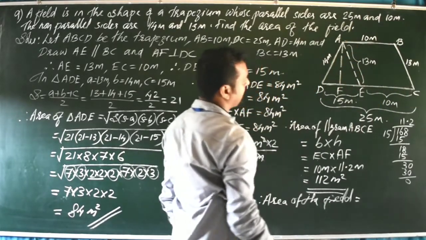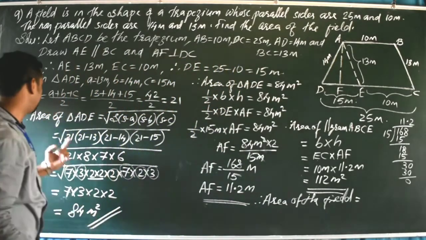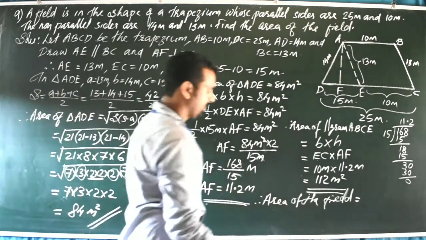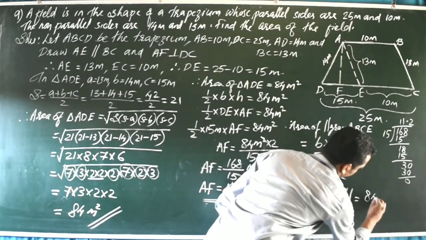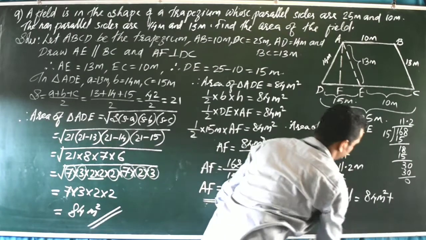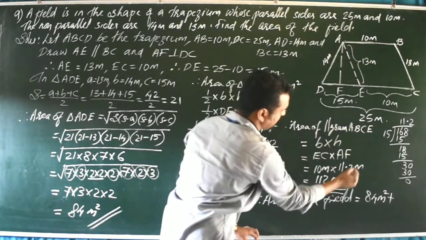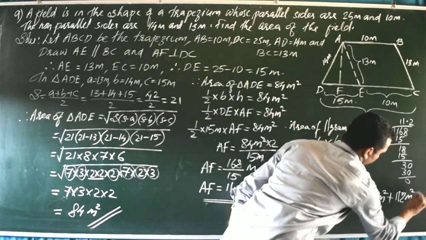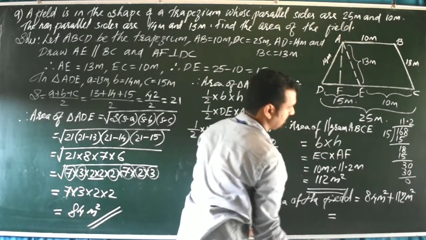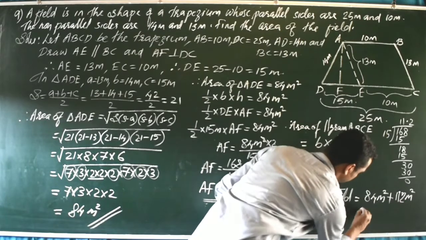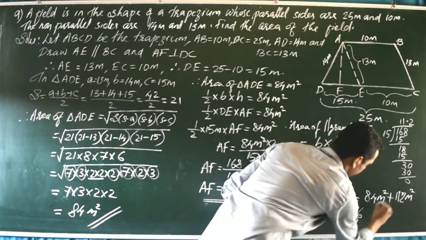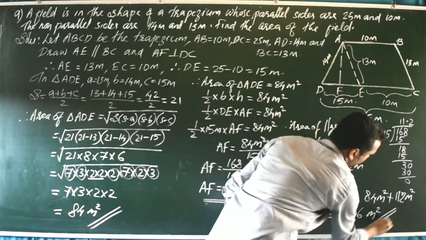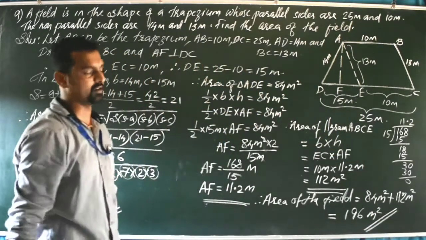Area of triangle ADE is equal to, what we got answer? 84 meters square plus area of parallelogram ABCE, that is 112 meters square, that is equal to, what is answer? 4 plus 2 6, 8 plus 1 9, 196 meters square. That is the area of the field.